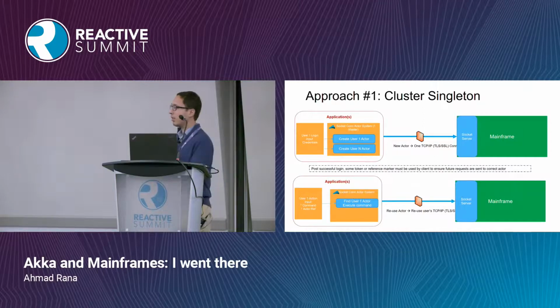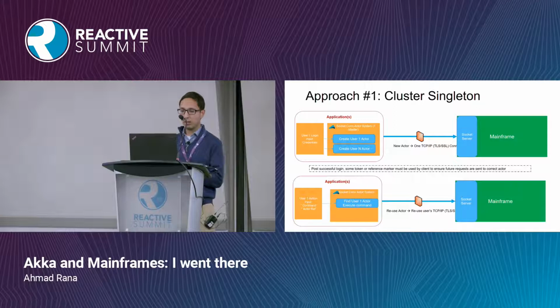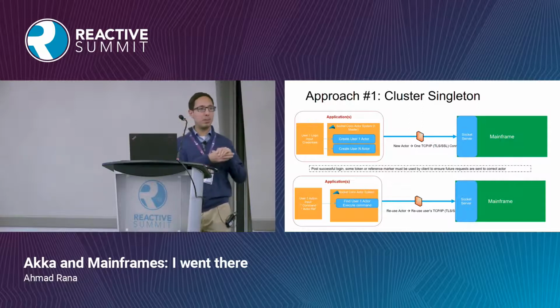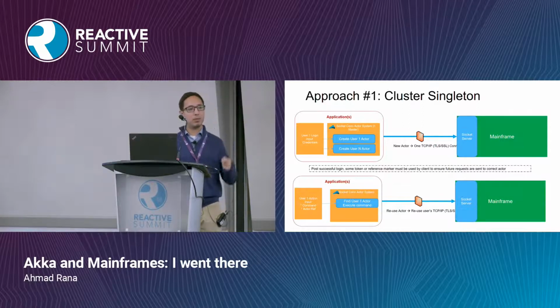Create it, establish the connection to the socket server. The socket server, of course, had all the commands to execute with the mainframe. Once the login is successful, you then create a reference marker, tie that back to that particular user, and as subsequent requests come, you route that particular request to the appropriate actor.